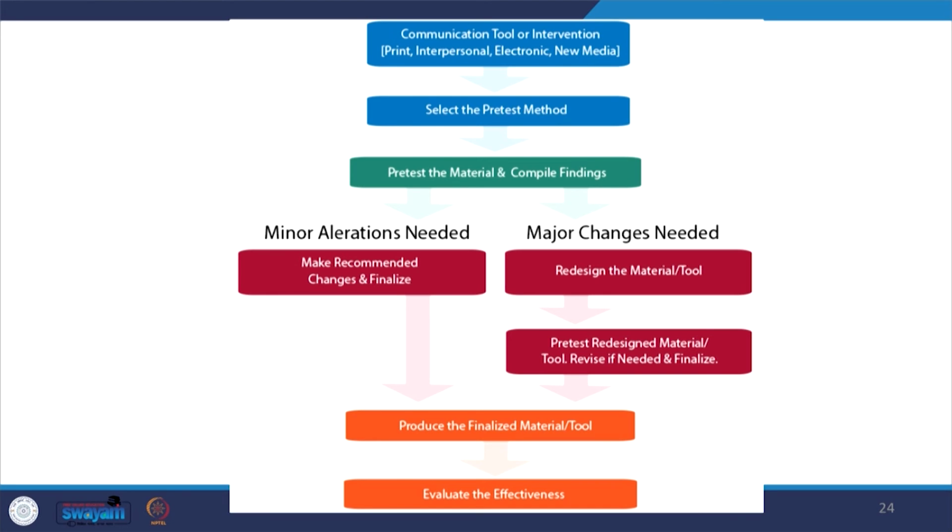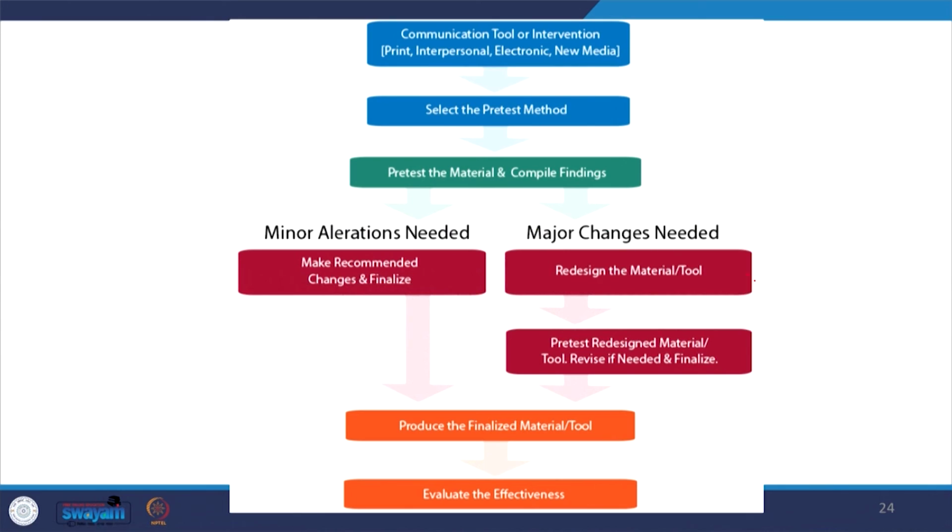The first stage is to select the pre-test method. Within that, the material and compiled findings included in the pre-testing should be identified. Based on the pre-testing, there may be minor alterations if needed, or major alterations.